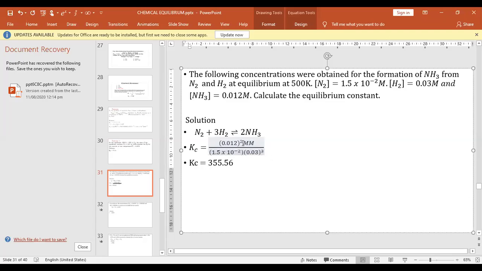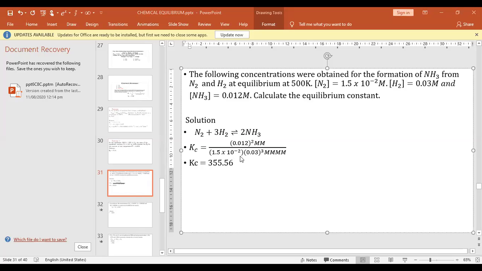Here we have 1 molar and 3 molars there, giving us 4 molars. When you do the cancellations, you'll be left with molar raised to the power -2. I think that's what Lisa gave us. Yes, that is good.